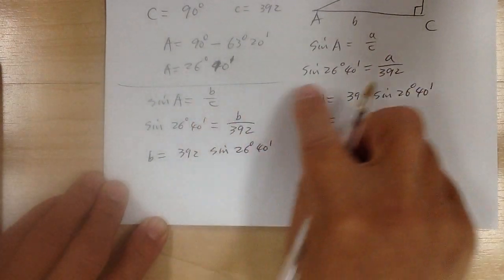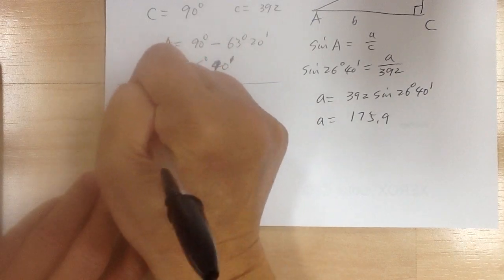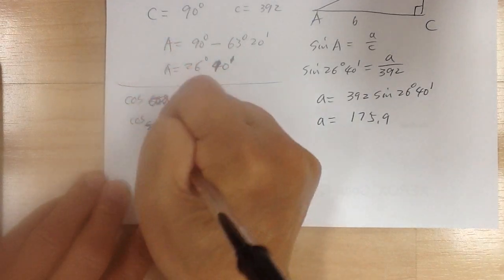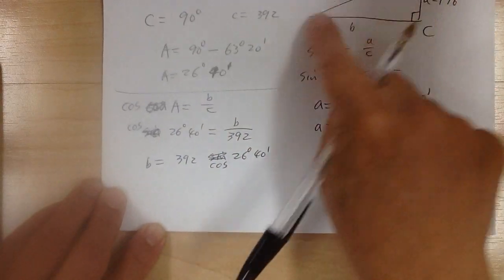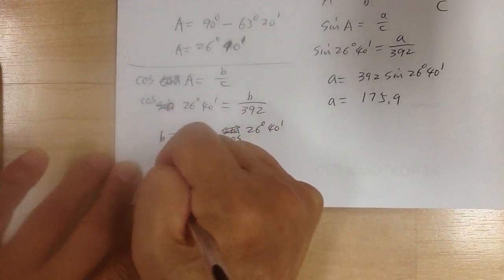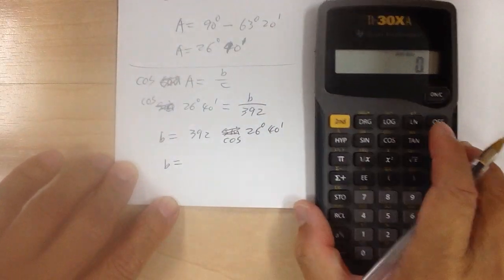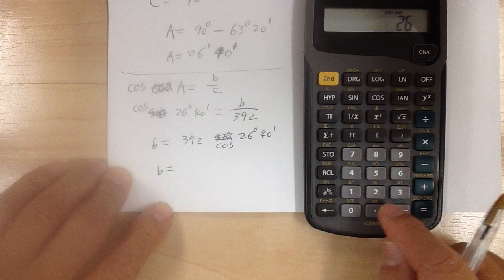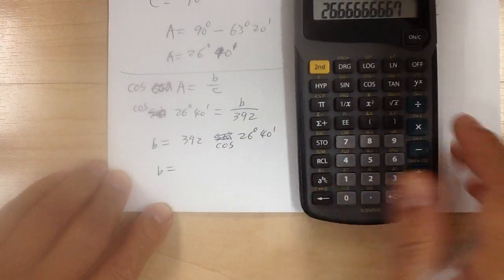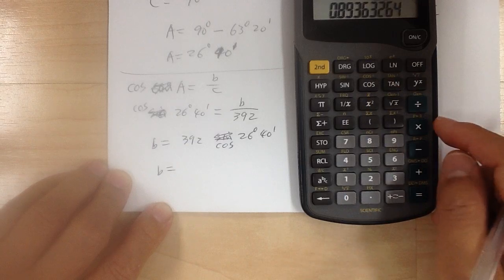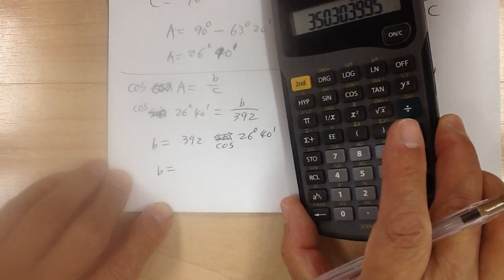Oh, wait, this is cosine. B over C is cosine. Sorry about that. Yeah, B over C, this is cosine. So B equal to, okay, so 26.40, again, you have to get into the decimal degree, push cosine, times it by 392, equal, okay, 350.